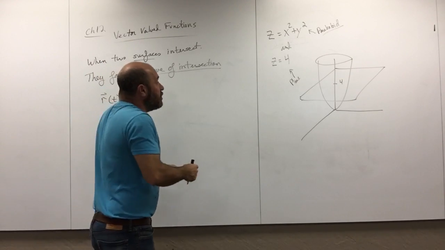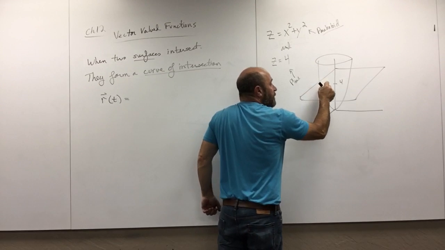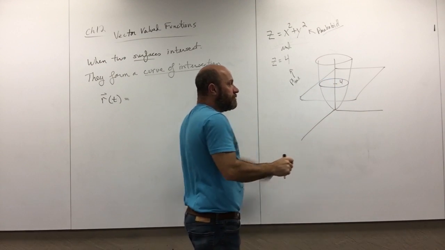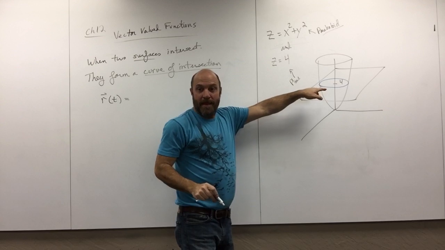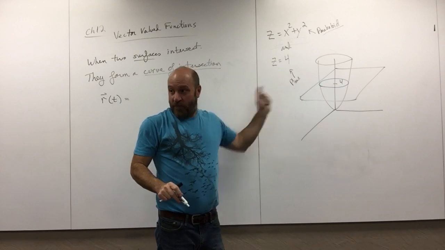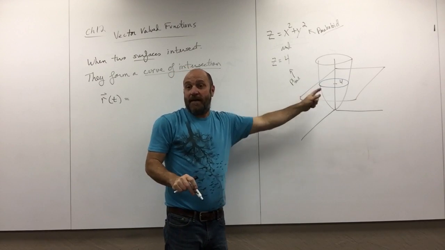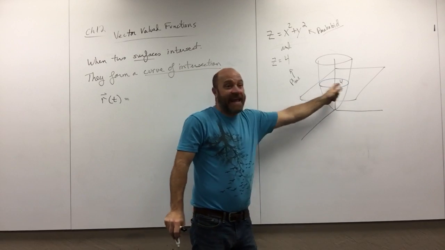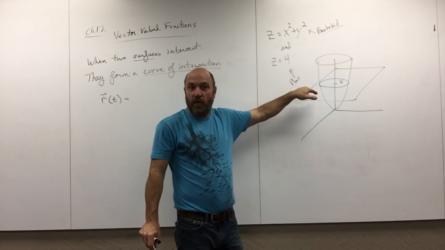I think it would be a circle, centered around the z axis. Maybe you're right. The radius might be 2, but it's sitting at z equals 4.